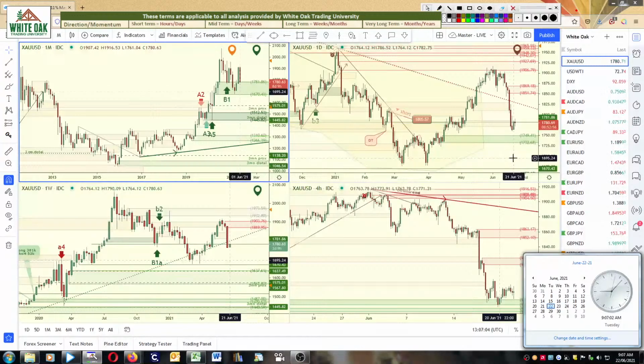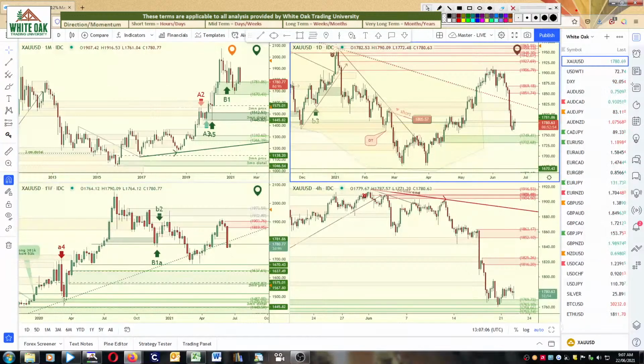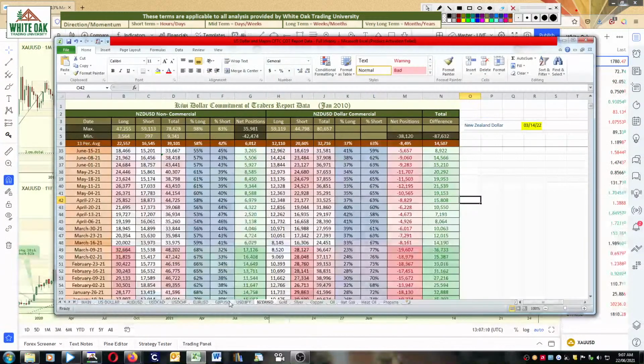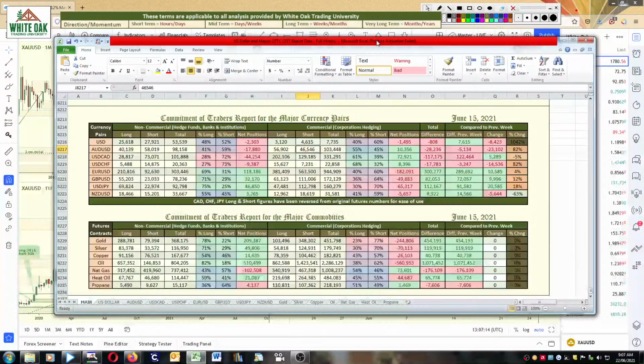So these big moves were taking place. Now we're going to look at the hard data. We're going to look at the positions. We're going to see the difference between what the positions were that the banks opened up in the new contracts in relation to what they held previously.